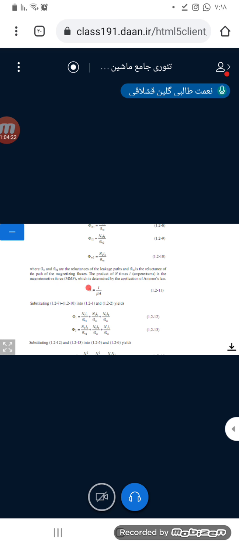Reluctance of this path depends on the length of the magnetic flux path, mu, the magnetic property of the path, and the cross-section of the path that the magnetic flux follows through it.